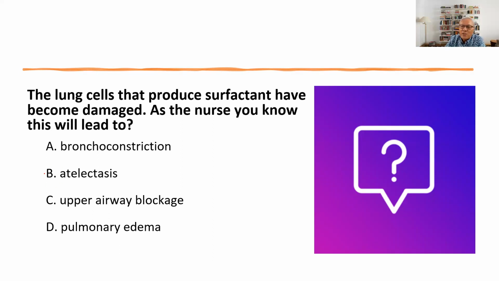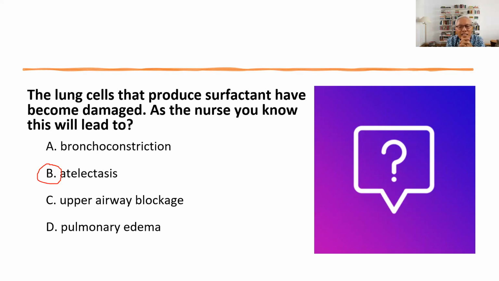So the correct answer is atelectasis. And let's see why it's atelectasis. Whenever you have a decrease in surfactant, there's going to be an increase in the tension in the lungs, because you remember surfactant decreases tension in the lungs. So it prevents atelectasis or collapse.